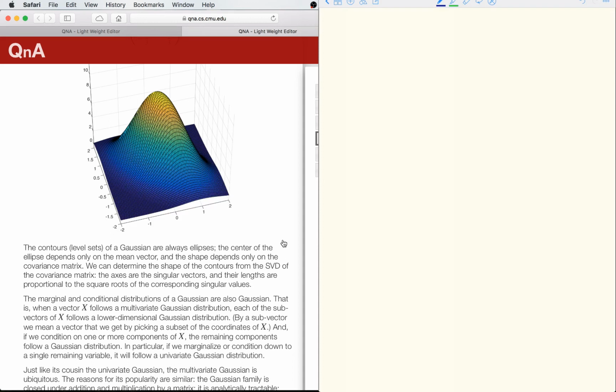We talked before about how to use singular value decomposition to understand a covariance matrix, and that works here too. The axes of these ellipses are the singular vectors in the SVD, and the lengths of the axes correspond to the standard deviation in each direction, the square roots of the corresponding singular values.